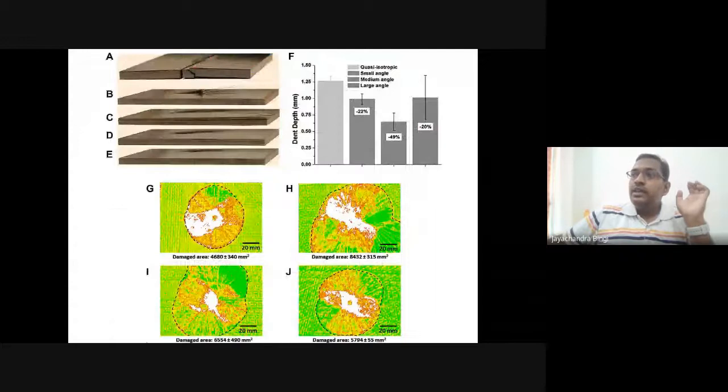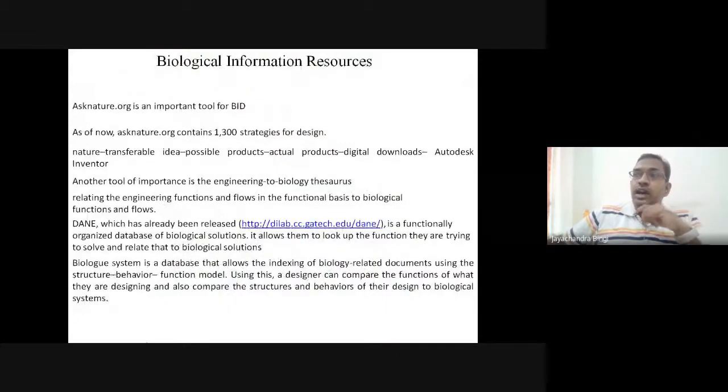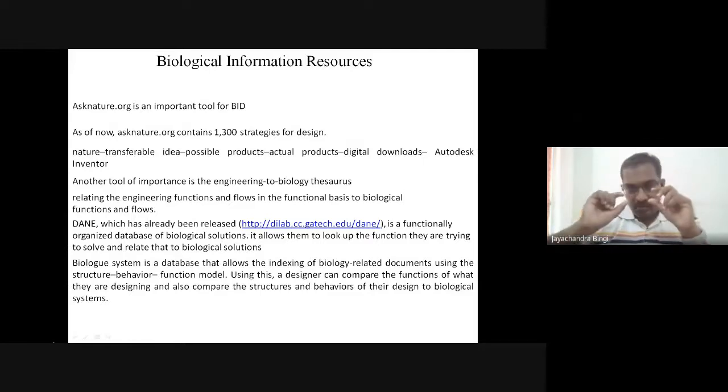So that is where there is a resource called Ask Nature. Maybe you can note it down. In Ask Nature, you can search with a particular keyword. How it works is, you have to give the functionality which you want to probe.